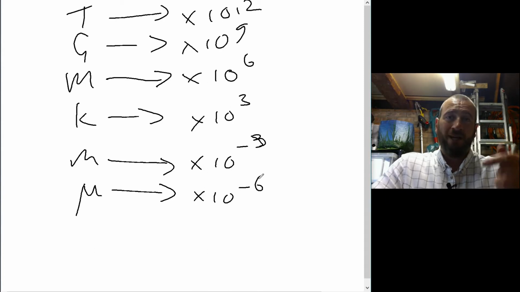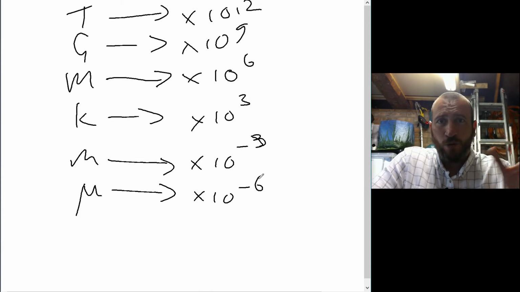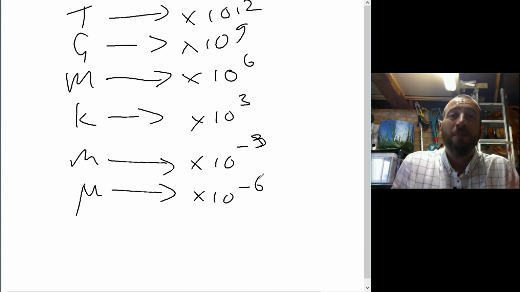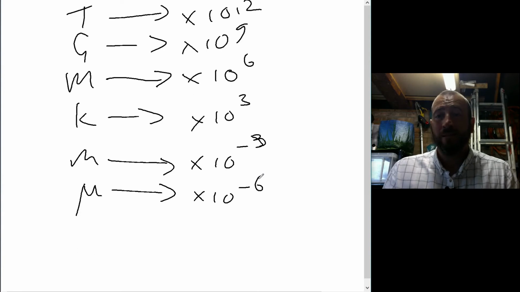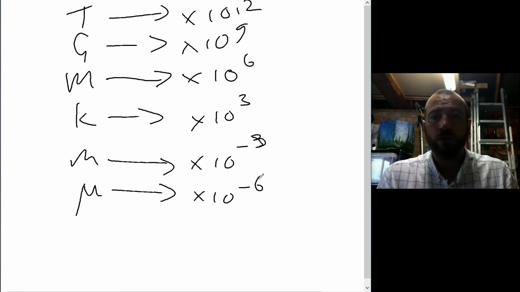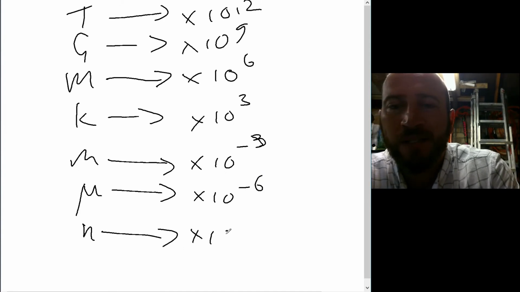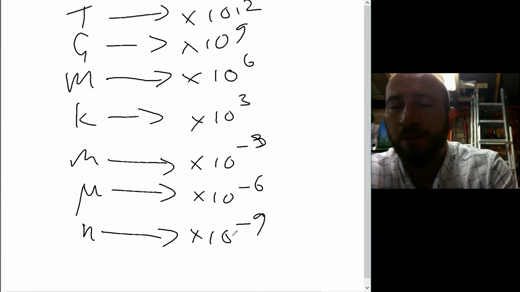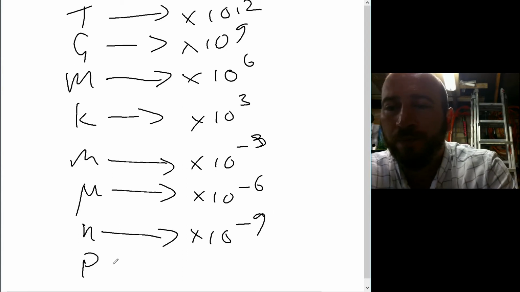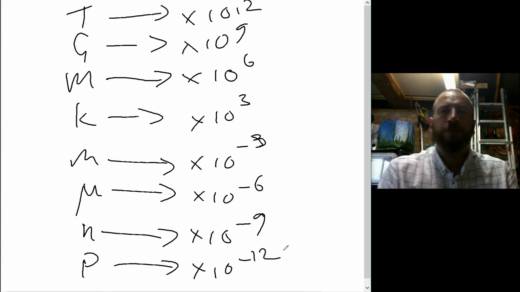A micrometer measures in micrometers. 20 micrometers is 20 times 10 to the minus 6 meters. We don't need to move decimal places. Below micro, nano, times 10 to the minus 9. Below nano, milli, micro, nano, pico, times 10 to the minus 12.